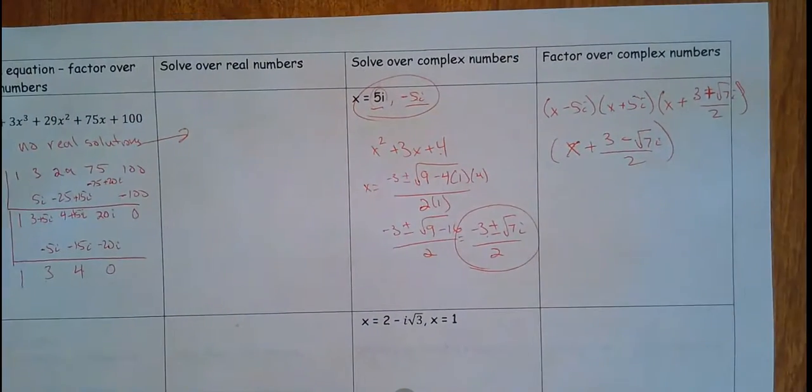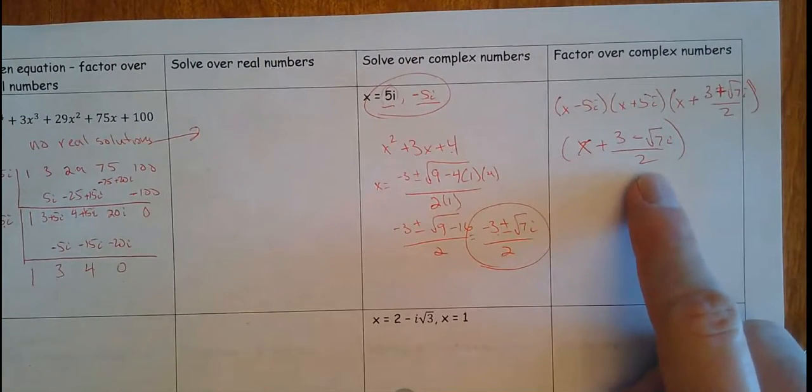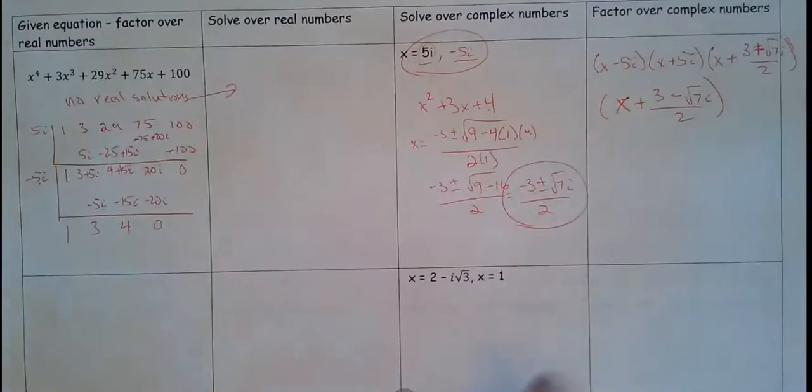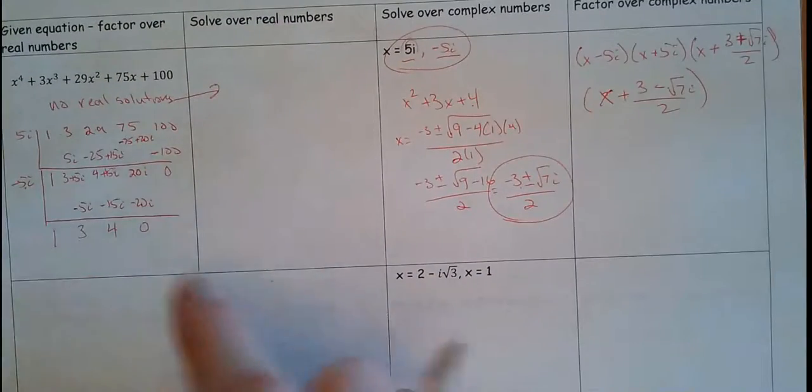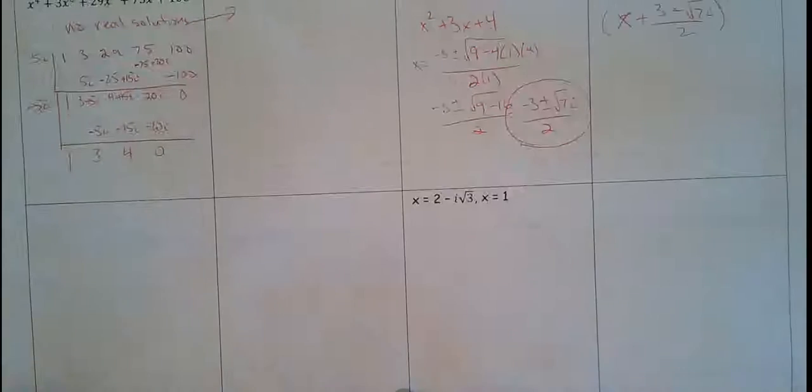There you go. So there's the factored form over complex numbers. Can't factor it over the real numbers. Couldn't be done.